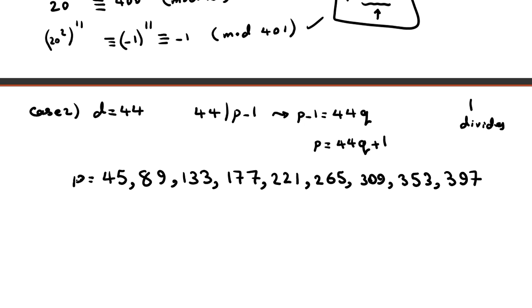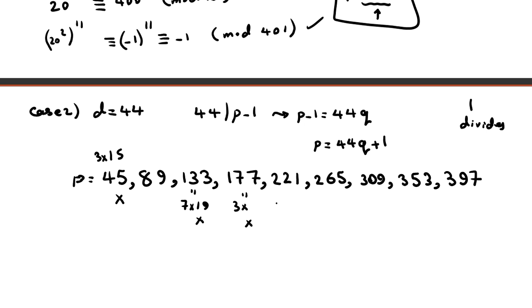So the first one, 45, is a multiple of 3, contradiction. This one is a multiple of 7. This one is 3 times 15. This one is 7 times 19. This one is 9 times something, it's not prime. This one is a multiple of 3, 3 times something, it's bad. 221 is a multiple of, let's check.